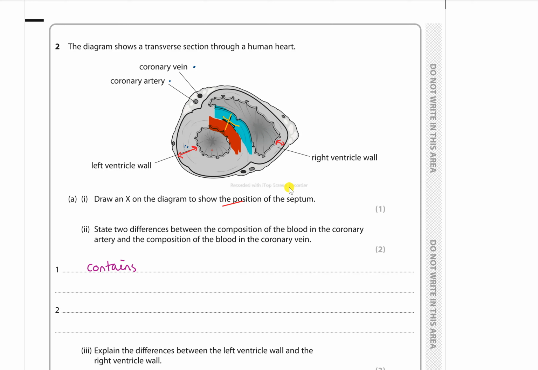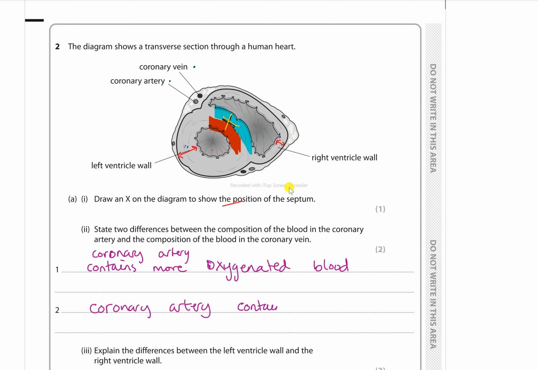So the coronary artery contains more oxygenated blood, and the coronary vein has more CO2, or you can say the coronary artery contains less carbon dioxide.